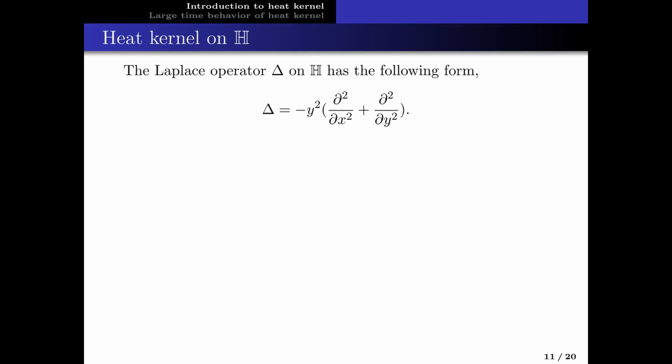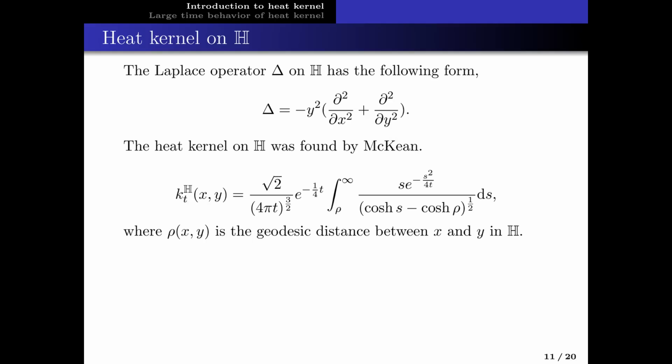And the heat kernel for this Laplace operator was studied by Markus in the early 70s. So he actually computed the heat kernel. Just now for the real line, we have some power of t and then the Gaussian function.